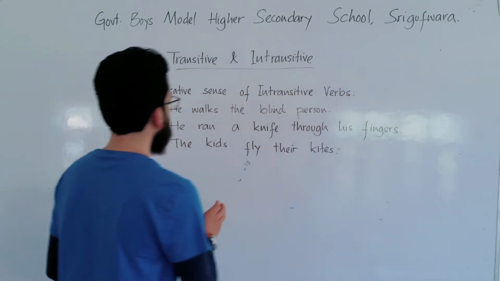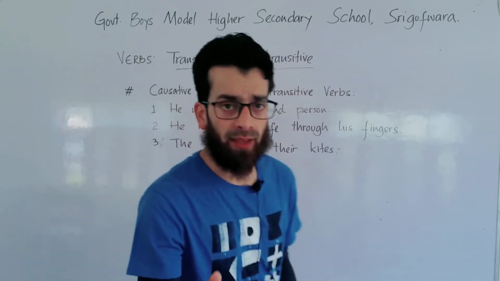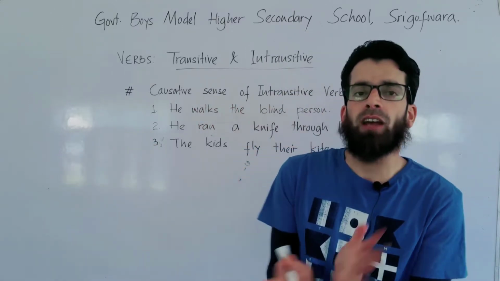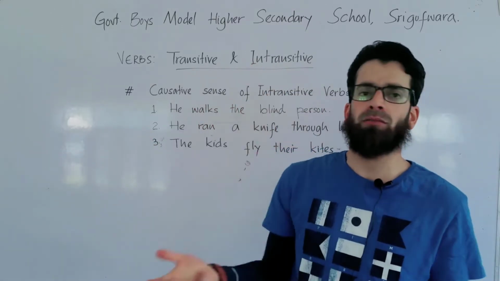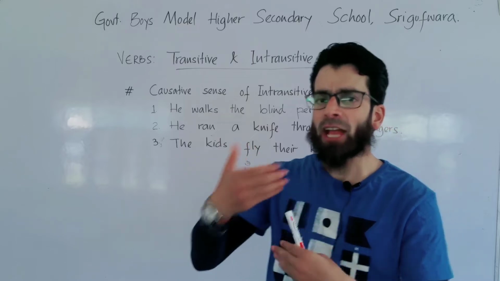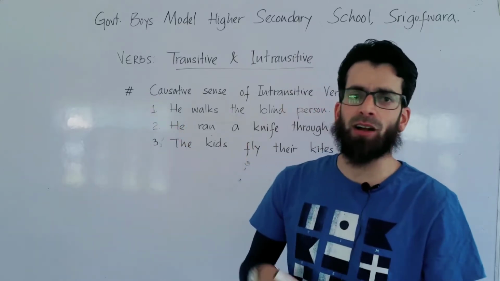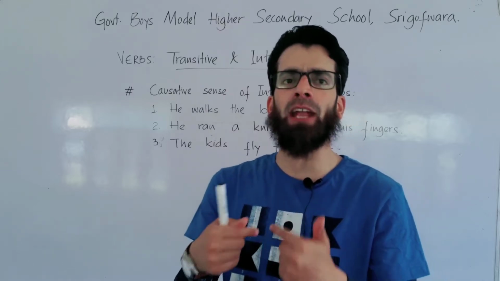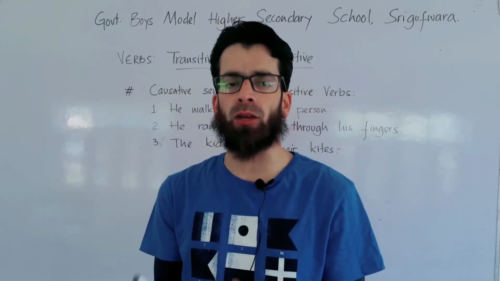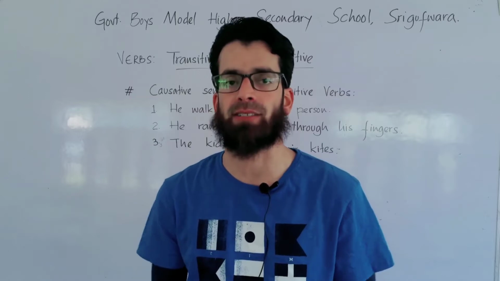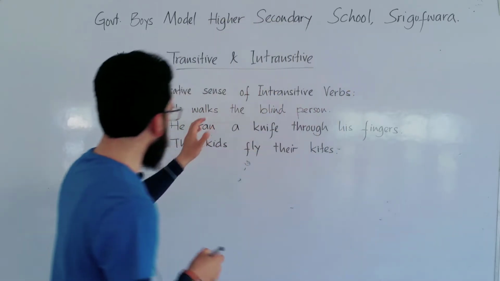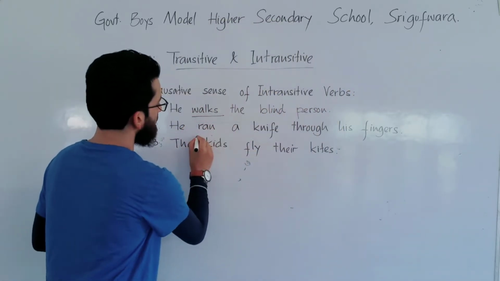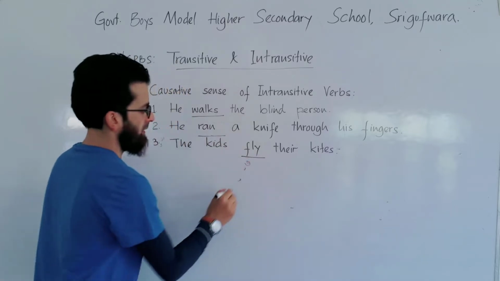Okay, if I say the birds fly in the air, जानवर जो है वो हवा में उड़ रहे हैं और ये एक्शन, उनके हवा में उड़ने से हवा का कुछ नहीं बिगड़ता, rather the action of flying in itself ends with the pausing, with the stopping of those birds. So walk, ran and fly.